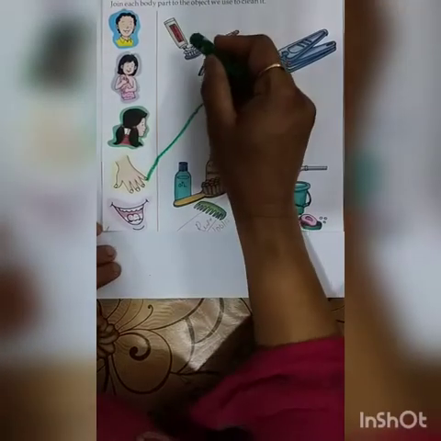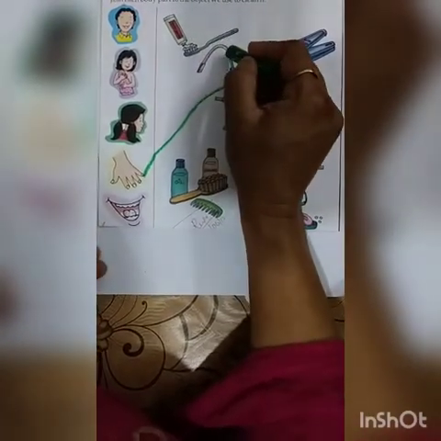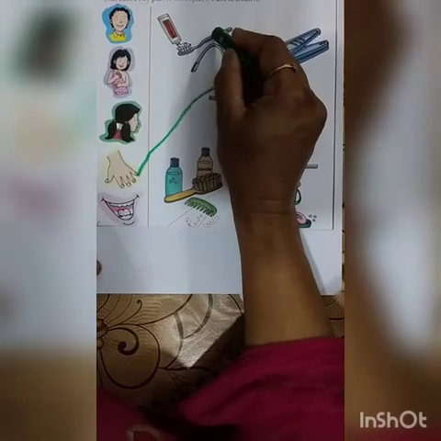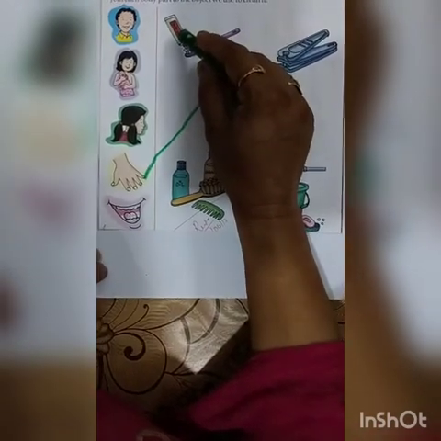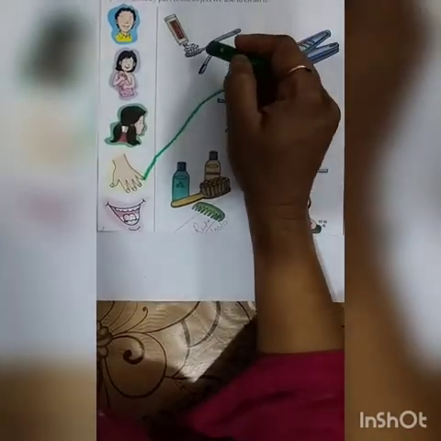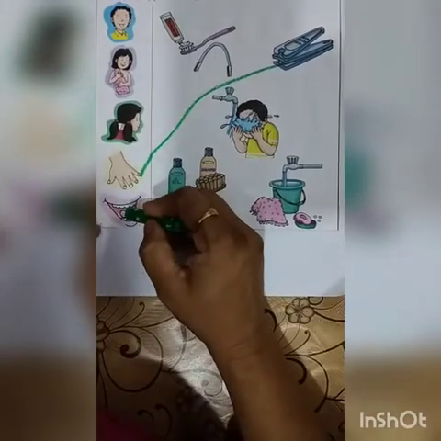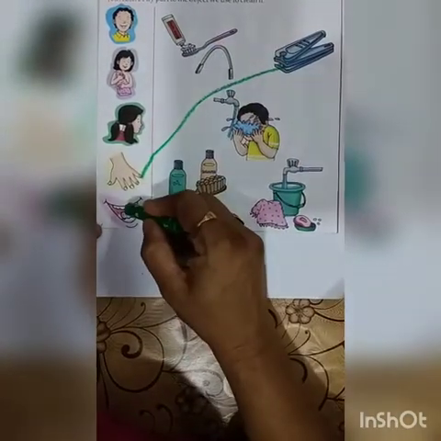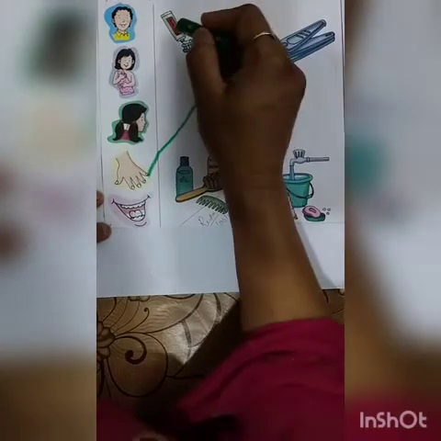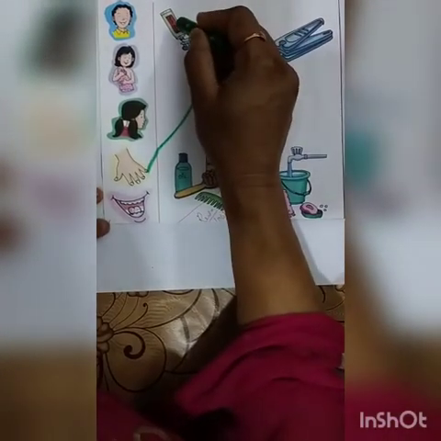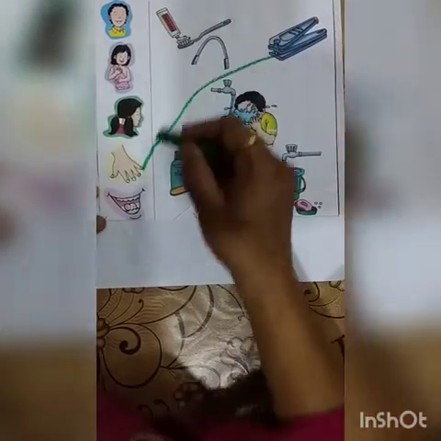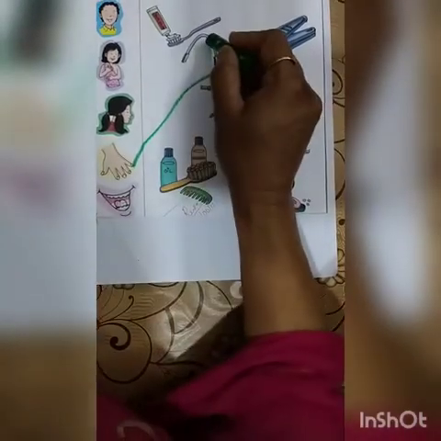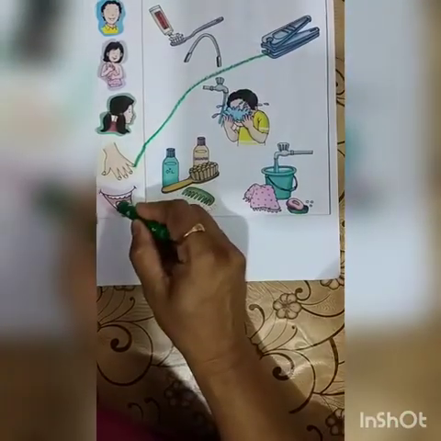And see, here are the tongue cleaner, brush and toothpaste. So what we'll do, we will match them with this, because we use them for our teeth. We use brush and toothpaste to clean our teeth, and tongue cleaner to clean our tongue.